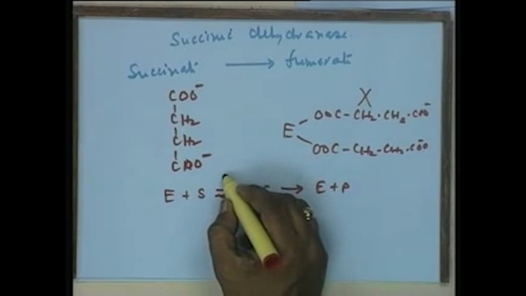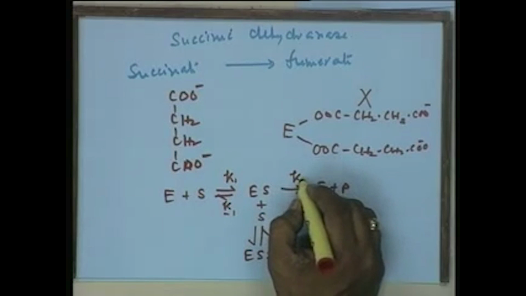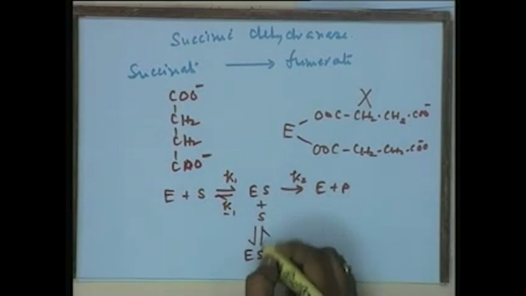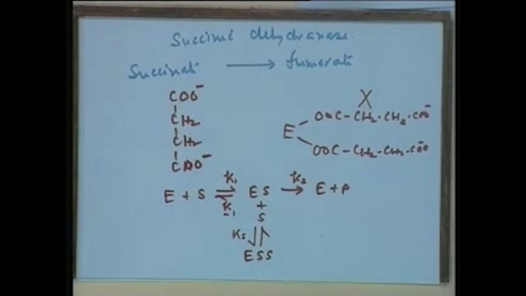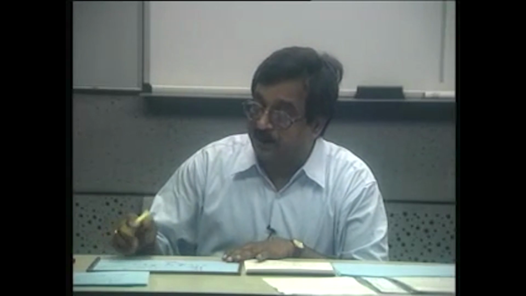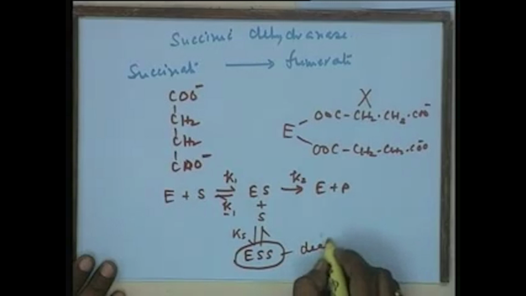Now we can write exactly in our nomenclature K1, K minus 1, K2, and the equilibrium of the second substrate binding can be expressed by a dissociation constant Ks, with individual rate constants small ks and K minus s. Now this ESS is a dead end complex.